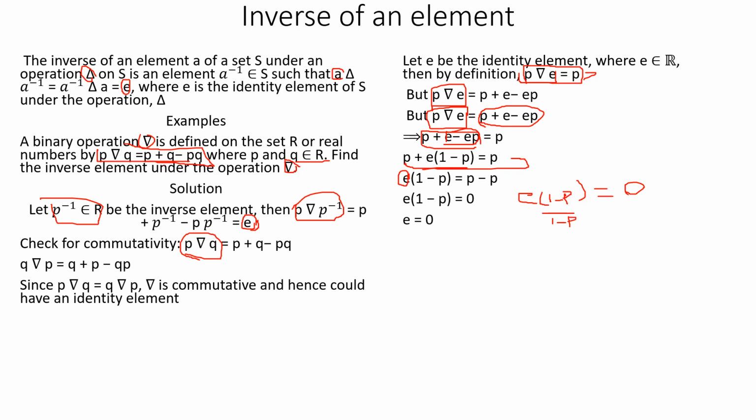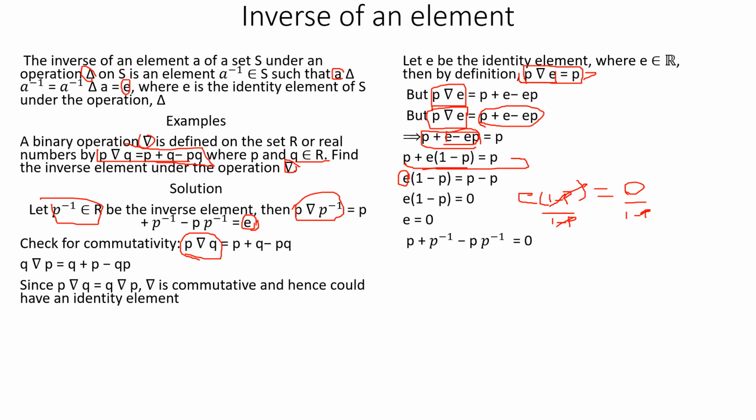I want all of us to understand how E is 0. So we just divide through by 1 minus P. This will cancel this, and 0 divided by any number is 0. That's why E is 0.